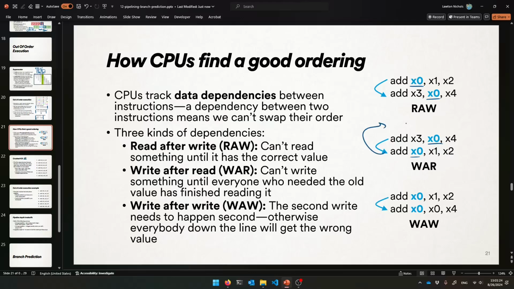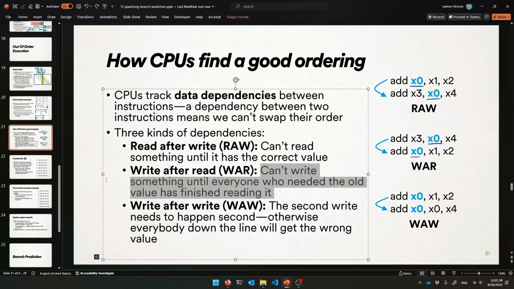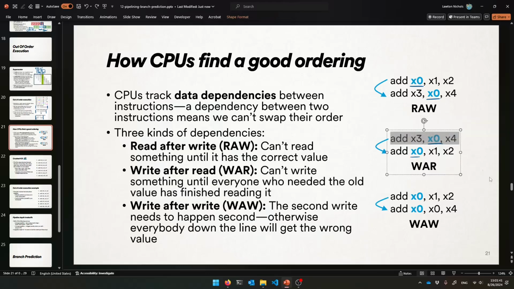Because if this one came before, it would be writing x0, and then this read of x0 would be getting a different value, not the one that it needed. Okay. So again, cannot swap these. This one must happen before this one, right? You can't write something until everyone who needed that old value, like this guy, is finished reading from it, all right? So you can't swap these guys, can't do them at the same time either.